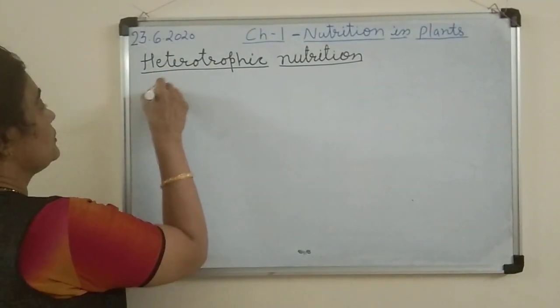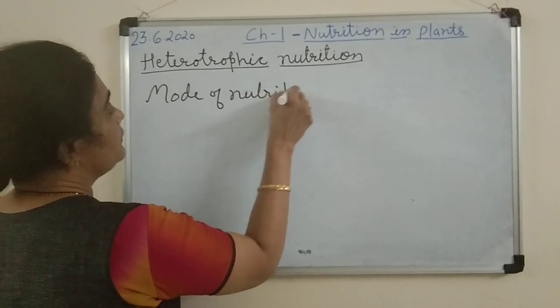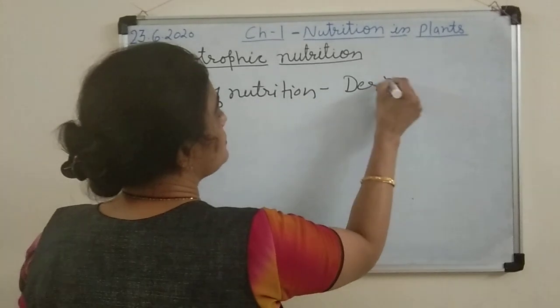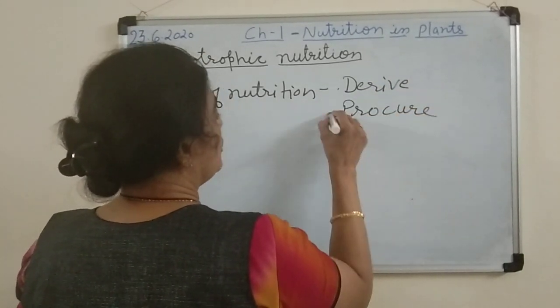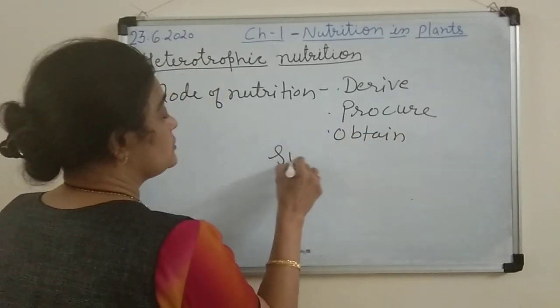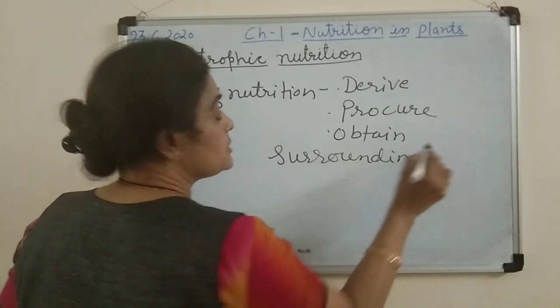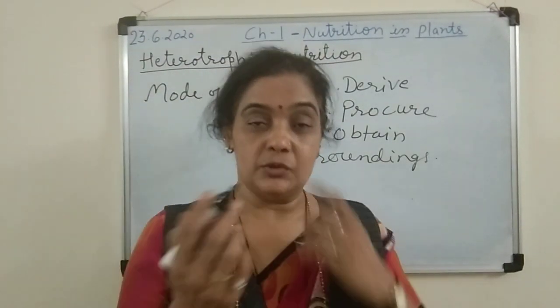Heterotrophic nutrition is a mode of nutrition in which the organisms derive, procure or obtain food from the surrounding sources, from their surroundings. Why do they obtain nutrition from the surrounding sources?